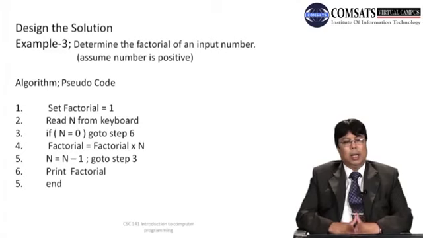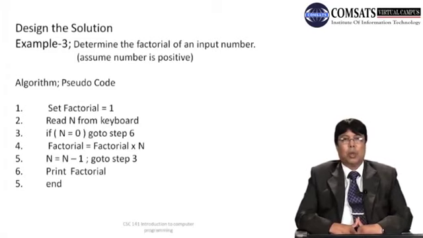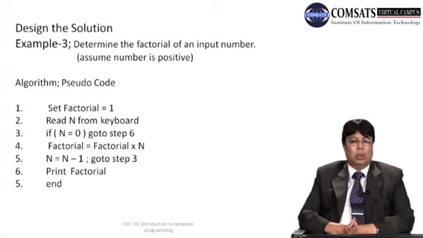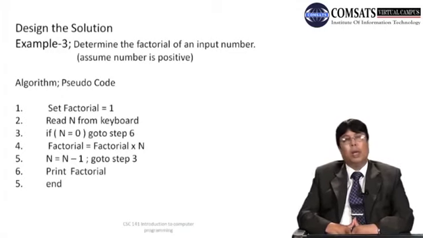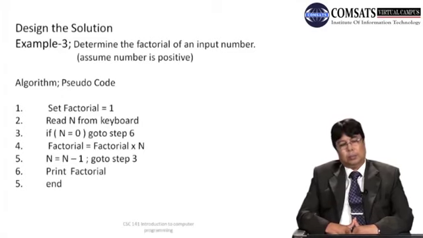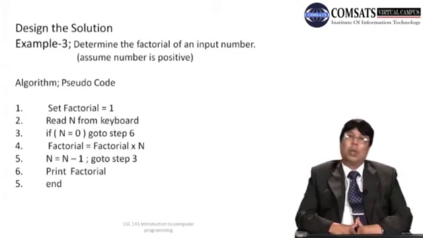यहाँ पे हम कहते हैं कि if n is equal to 0, go to step 6. What will happen? Suppose you have entered the value 0 and it will go to step 6 और factorial की value जो यहाँ print होगी that will be equal to 1. It is the correct answer. Why? Because factorial of 0 is equal to 1.